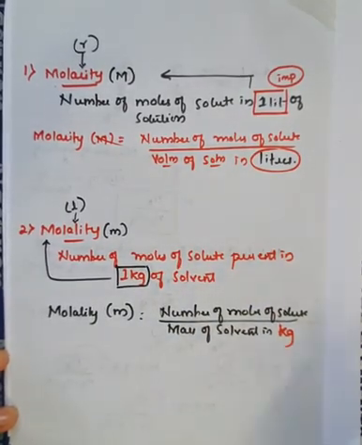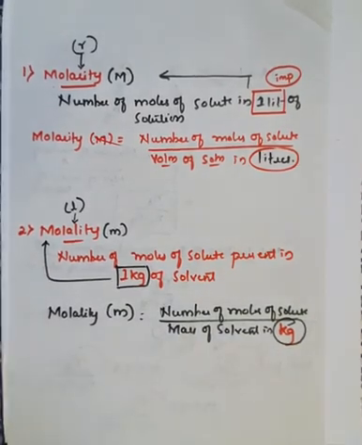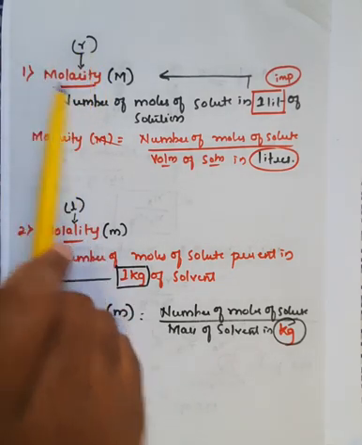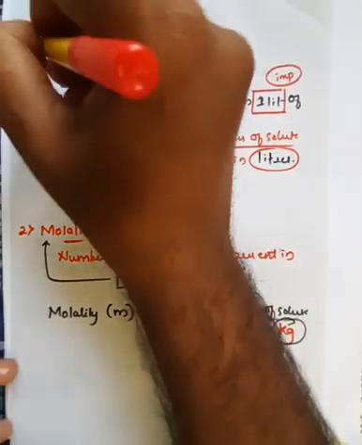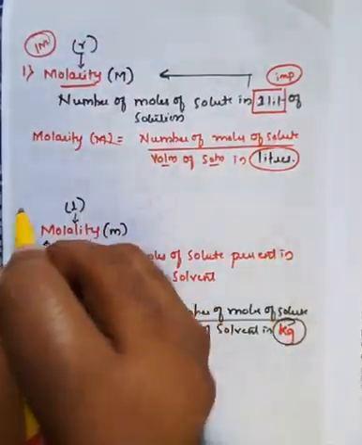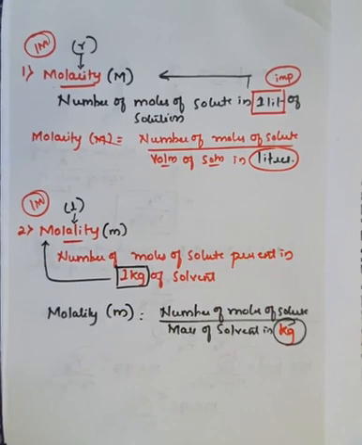This is very important, remember, whenever we talk in terms of kg, it will always be molality, and whenever we talk in terms of liters, it will be molarity, right? This will definitely be for 1 mark, either this or that will be asked. So there is a greater difference between molarity and molality.